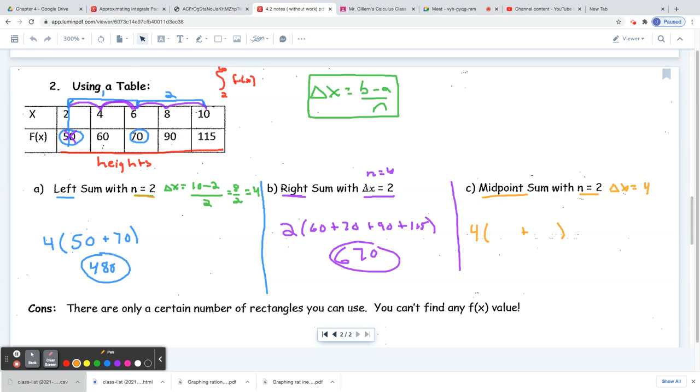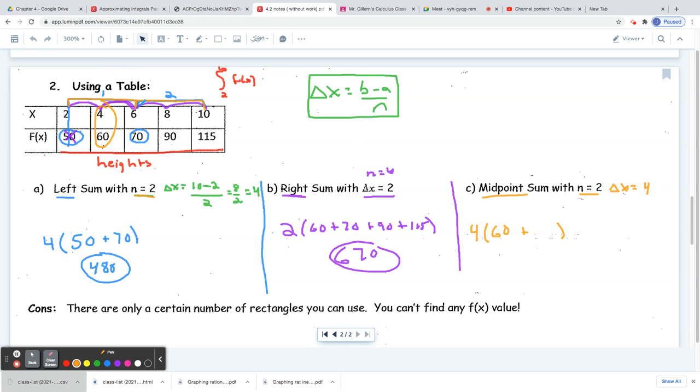So if I go to n equals 2 and delta x is 4, so that's our first example where we went from 2 to 6 and from 6 to 10. All right. So 2 is the left side, 6 is the right side. So what's going to be the middle? It's going to be 4. What's the height at 4? It's 60. All right. From 6 to 10, right?